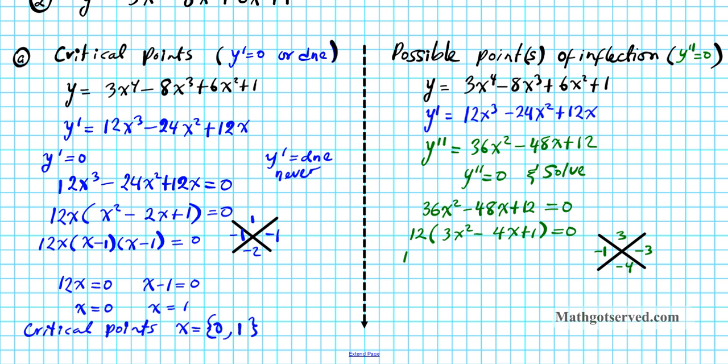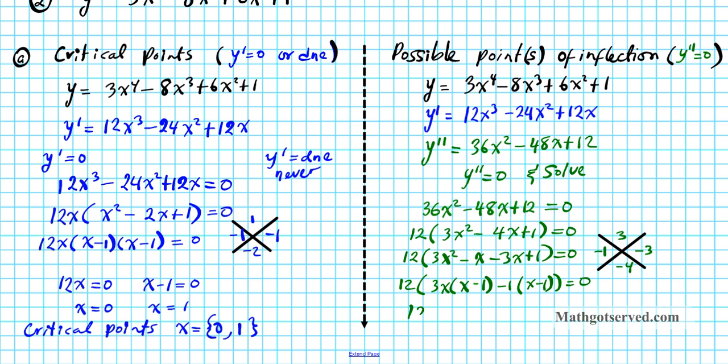So we're going to have 12 times 3x squared minus x minus 3x plus 1 equals 0. Inside the 12, we can factor out x from the first pair to get x times 3x minus 1, and factor out negative 1 from the second pair, leaving 3x minus 1 again.